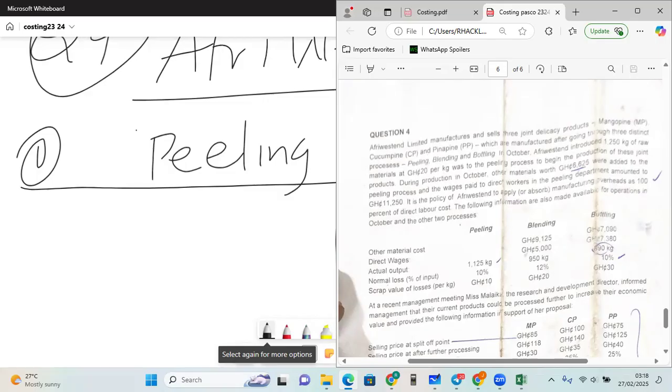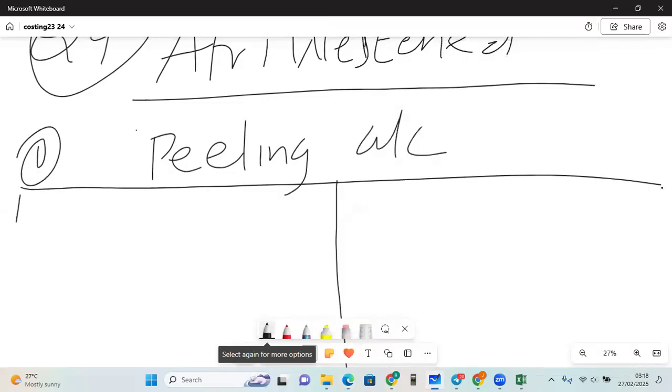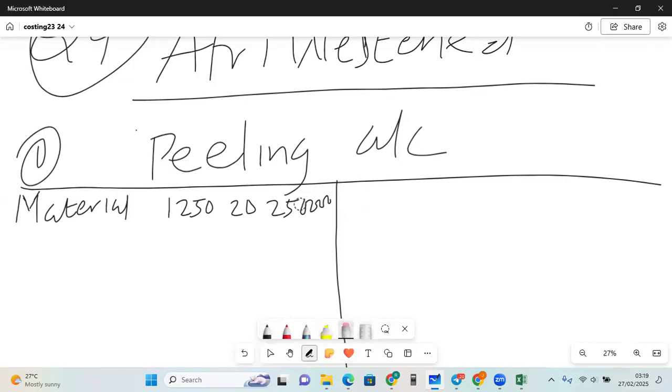So let's record that: material supplied, 1,250 kg at 20 per kg, and the total is going to be 25,000.